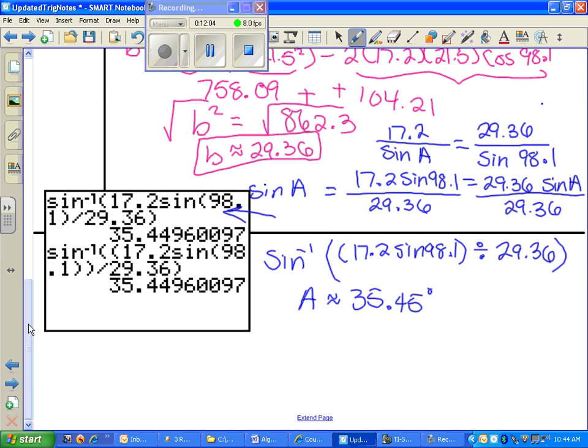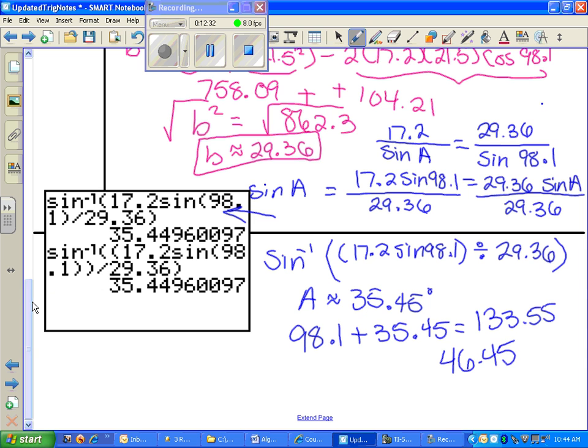So 98.1 was the other, so I've got 98.1 plus 35.45 is 133.55, and then subtract that from 180. 46.45, and that was angle C. And then make sure you box your answers for me so I can find them.